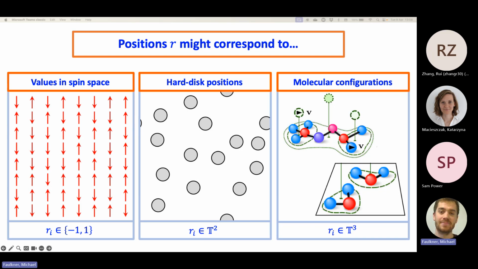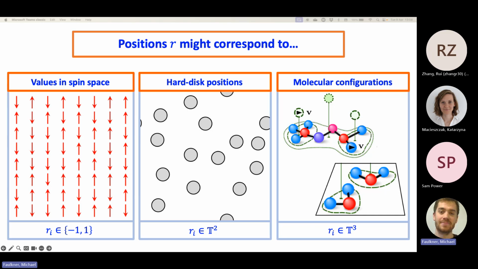These up-down spins basically take values. If the arrow is pointing up, they take a value of +1. If they're pointing down, they take a value of -1. There's some Boltzmann probability model associated with this that I'll introduce later on. But basically, in this case, the position Ri of particle i is just an element of -1 or +1.